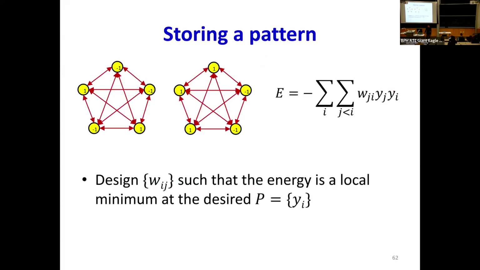Going back, designing a network for a specific set of memories means you have to design the weights such that the energy of the network is minimum for the desired patterns and not a minimum for the other spurious patterns.